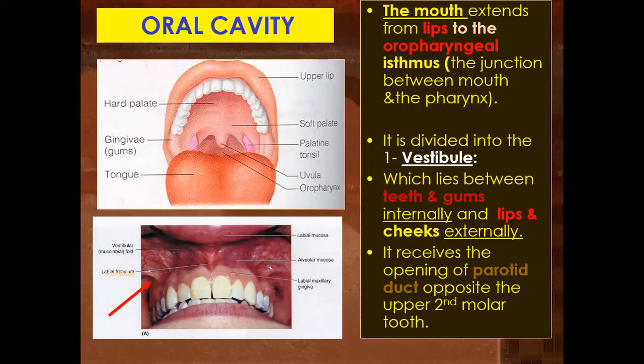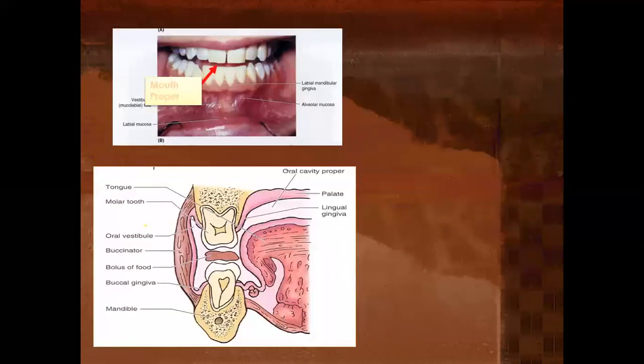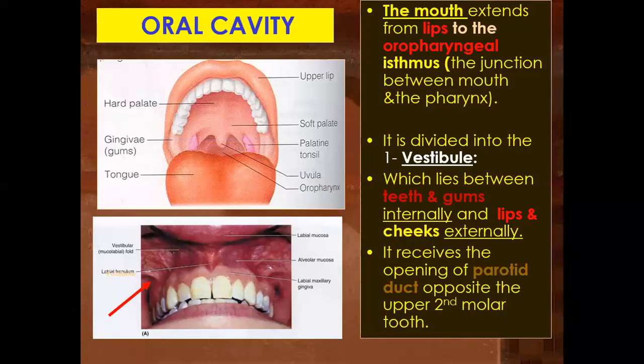Even though it is a very small space, there is a very important opening, the opening of the parotid duct into the vestibule. The vestibule is this whole space between the lips and the gums.